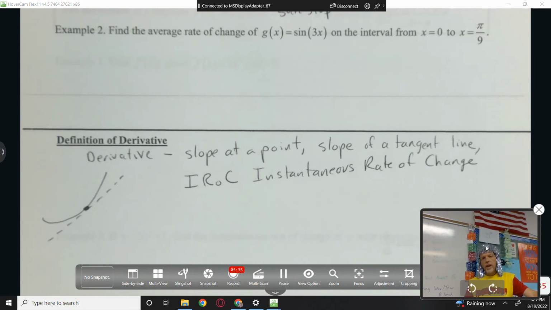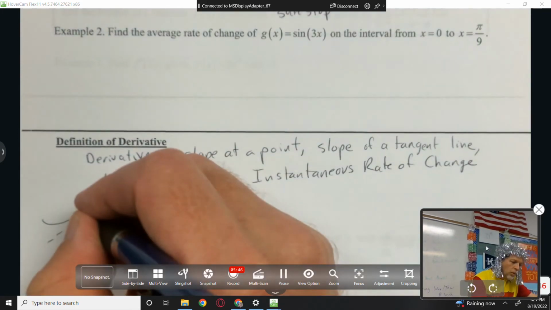So the AROC is the algebra rate of change, or the average rate of change. The IROC is the calculus rate of change, the instantaneous rate of change. What's happening at that one point?